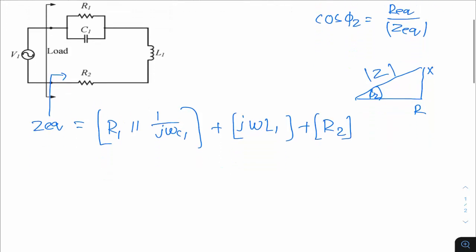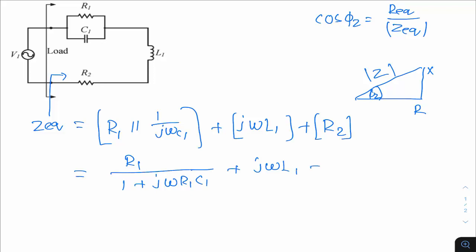Now if you simplify this, this term happens to be R1 divided by 1 plus j omega R1 C1, like R1 R2 by R1 plus R2, that way if you do, this is what you will get, plus j omega L1 and plus R2.